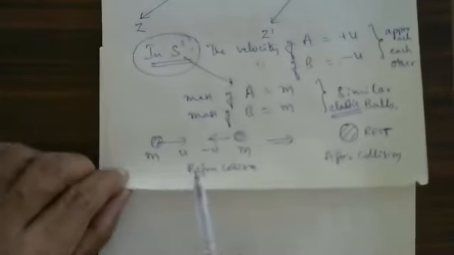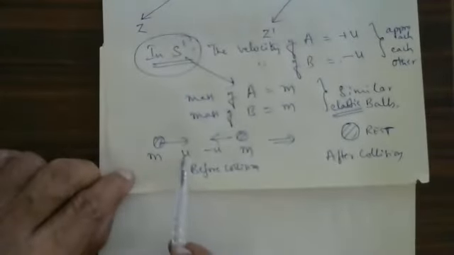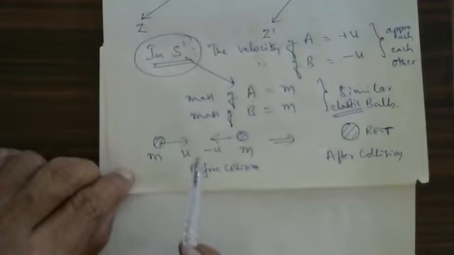So how much is the total momentum before collision? Total momentum before collision is m into u plus minus u into m, meaning m into u plus m into minus u.